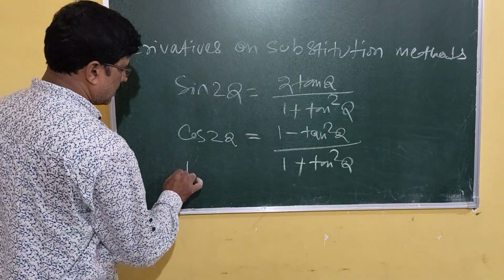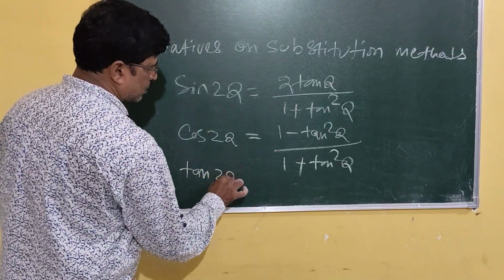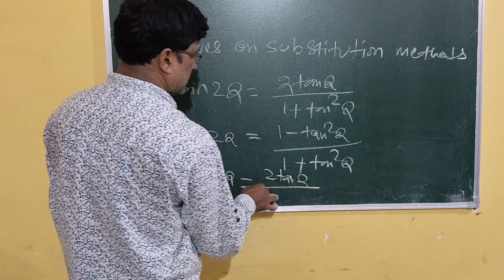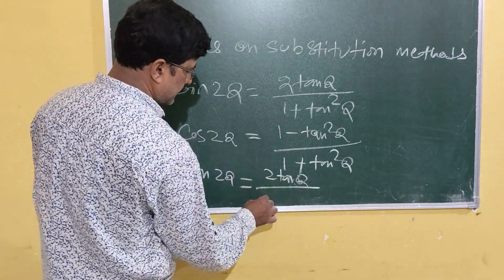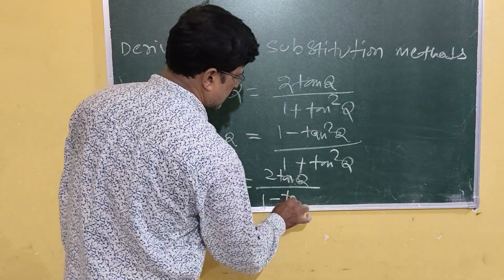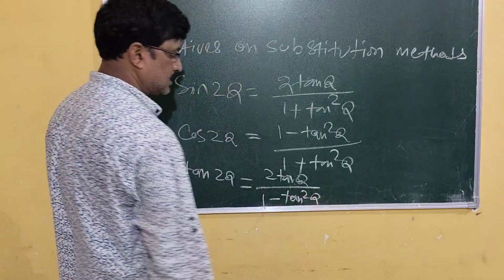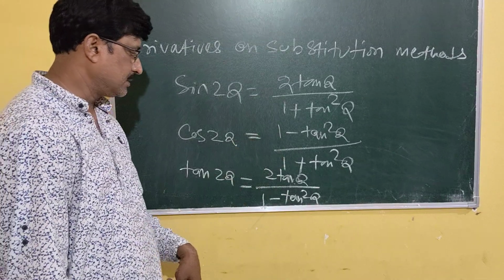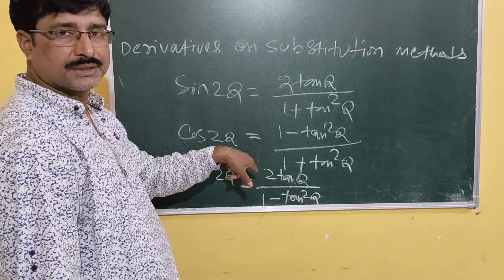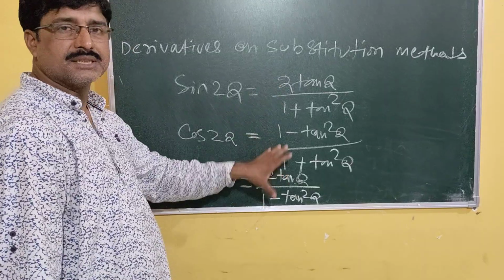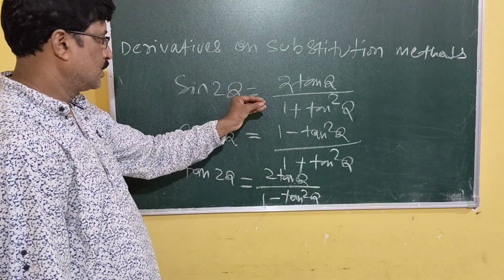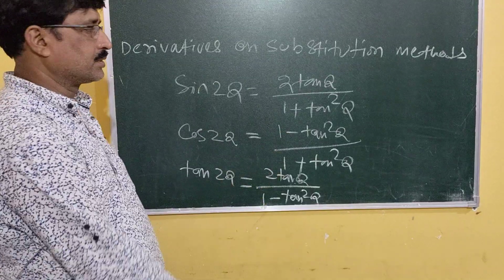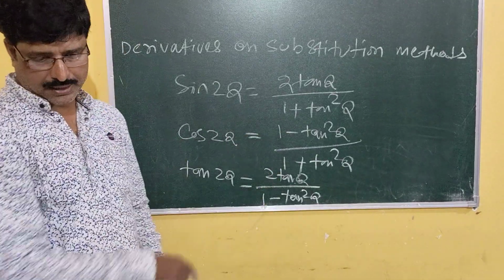And one another formula, tan 2 theta is equal to 2 tan theta by 1 minus tan square theta. Yes, these are three formulas. So just write these down, because we will take some problems based on this substitution method, because we have to put this x value and we will find some solutions. See this one. Write down.